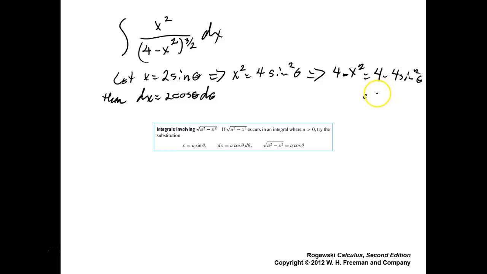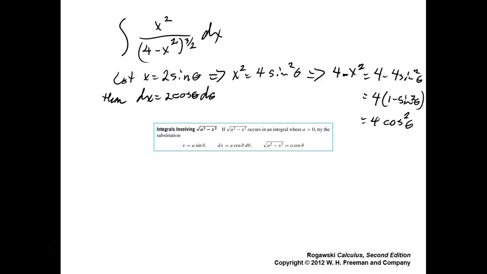Yeah, okay. It'd be 4 times 1 minus sine squared theta. And you are already going to the next step, which would be 4 times cosine squared theta. Is that what you were doing? It's fine if you want to skip these steps.